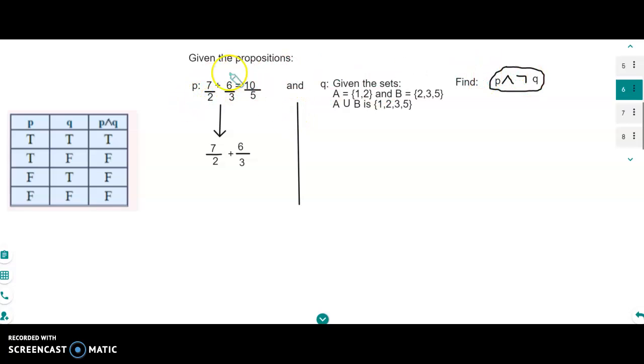First of all, with the proposition P, we have to find 7 over 2 plus 6 over 3. We're going to find out if that equals 10 over 5. We don't know it. We are going to solve this addition of fractions first. Remember that we have to get the same denominator by using the LCD. What is the LCD between 2 and 3? This is 6. So we have to multiply 2 by a number to get 6 and 3 by a number to get 6.